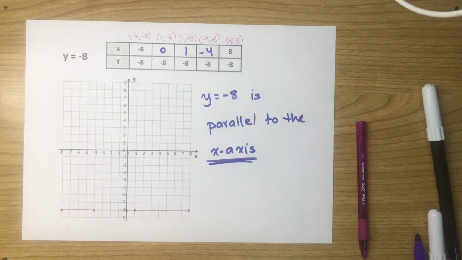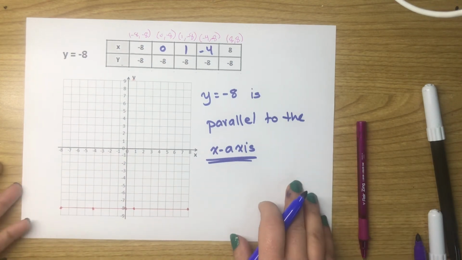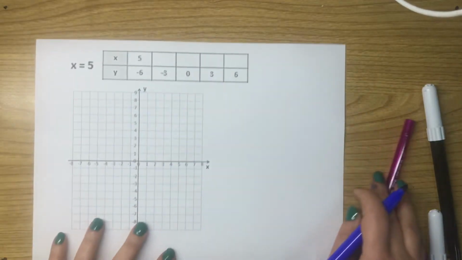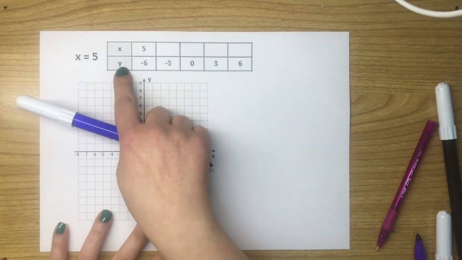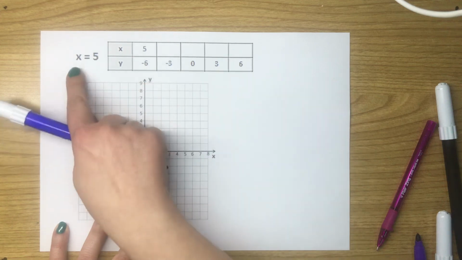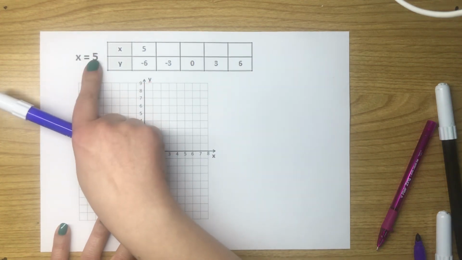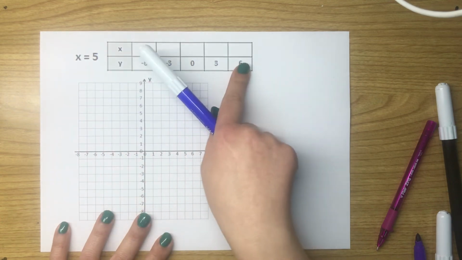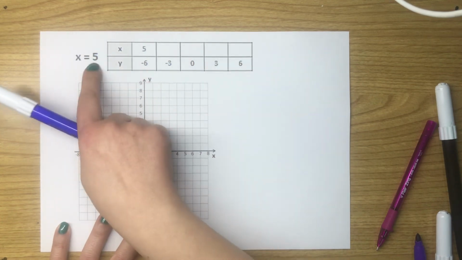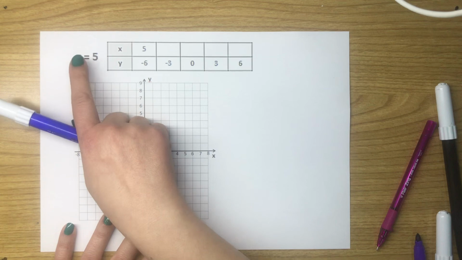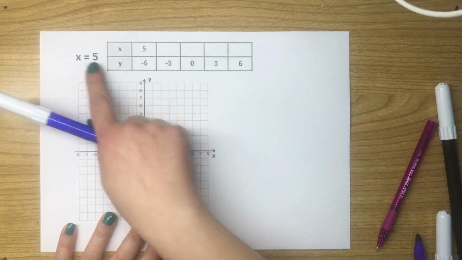I'm going to give you another example. In this case, the values of y are different, but look, all the values of x must be 5. So no matter what the value of y is, the value of x must stay fixed for all these points, which equals 5.